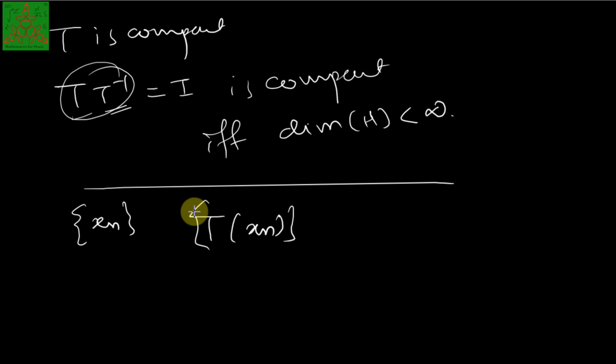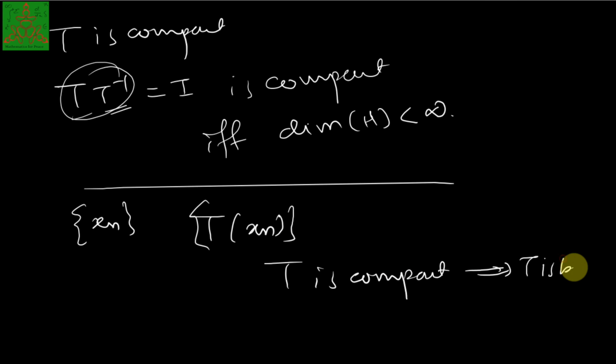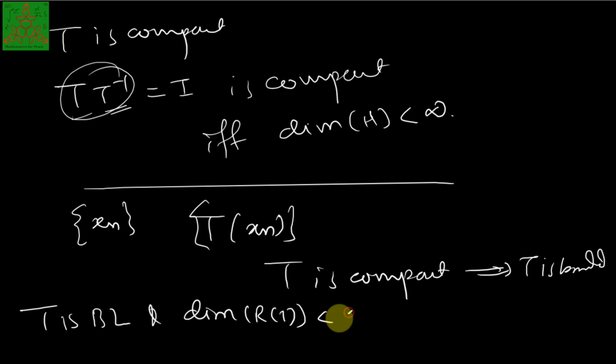If T is compact, then it always implies T is bounded. The converse is not true, we have to consider an infinite dimensional space. Another way the converse is true: if T is a bounded linear operator and the dimension of the range space of T is finite, then T is compact.